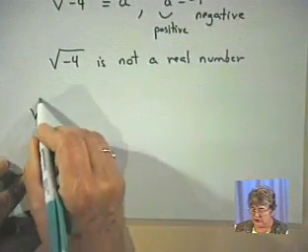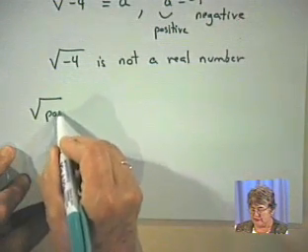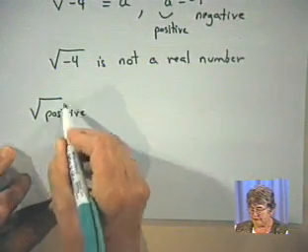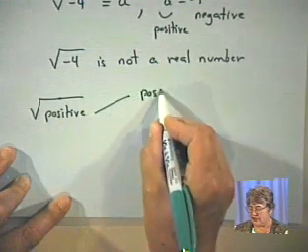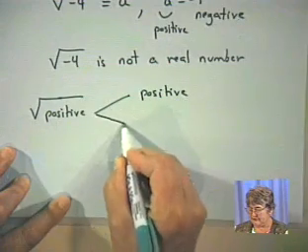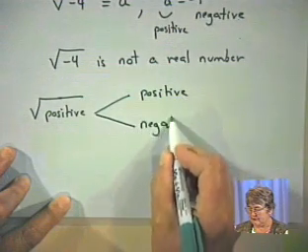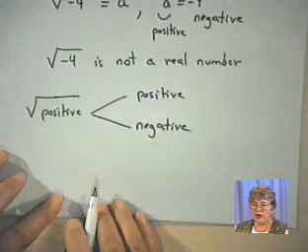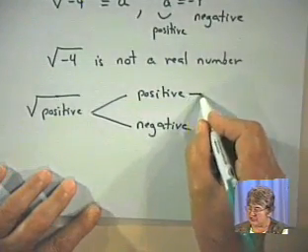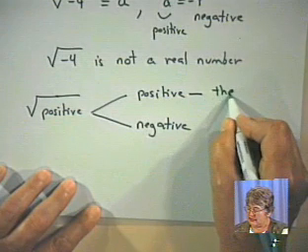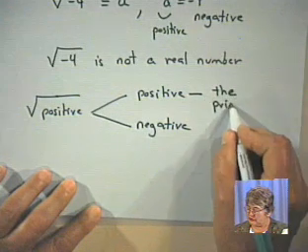Square root of a positive number: we will take the positive answer and call this the principal square root.